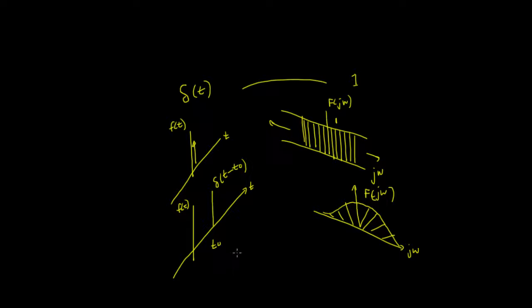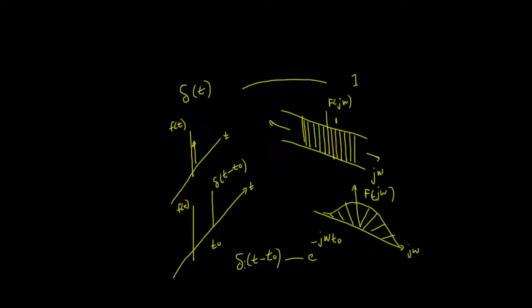And it turns out from our analysis, which we did in the previous video, that the Fourier transform of delta t minus t naught was e to the minus j omega t naught. So that's equivalent to adding a phase shift into each of the phasors, or an overall phase shift of the original function, delta t.